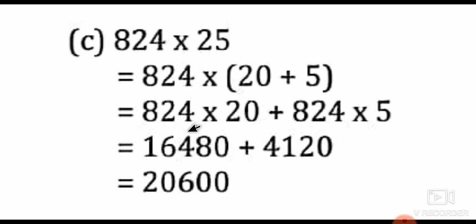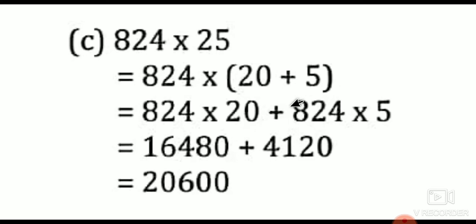Then 2 fours are 8, so write 8 in the tens place. Then 2 twos are 4, so write 4 in the hundreds place. Then 2 eights are 16, so write 16 as it is. Therefore 16,480.